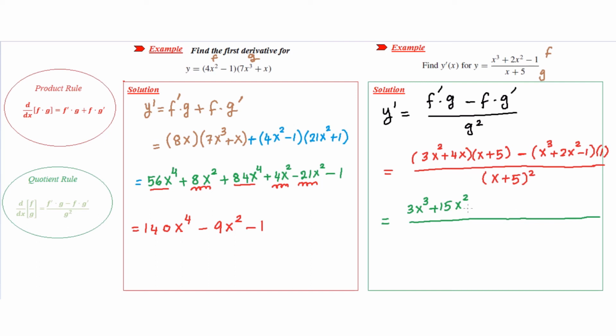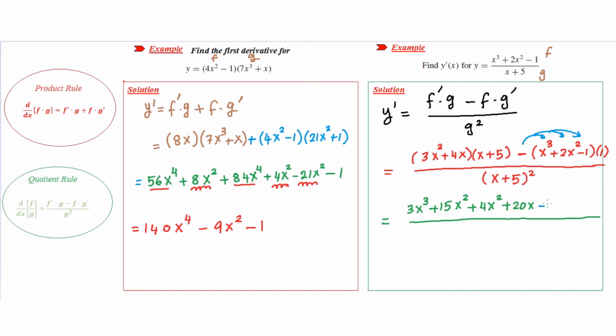We have 4x times x equals 4x squared. Also 4x times 5 equals 20x. 1 multiplied by any function equals the same function, but pay attention that you have to distribute the negative sign here and change all the signs of the terms inside.